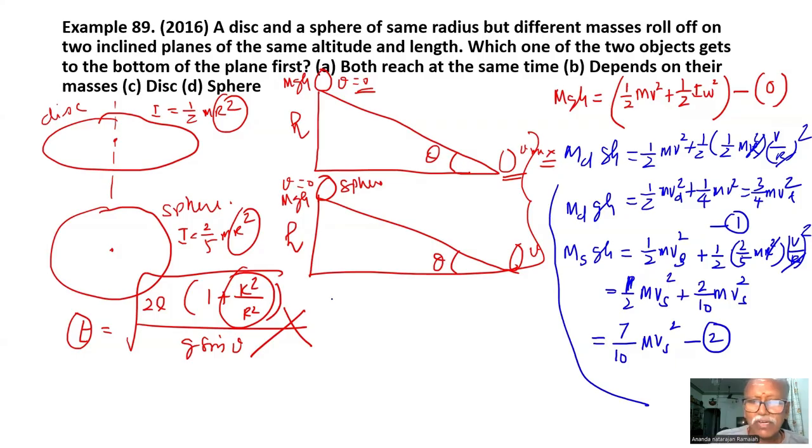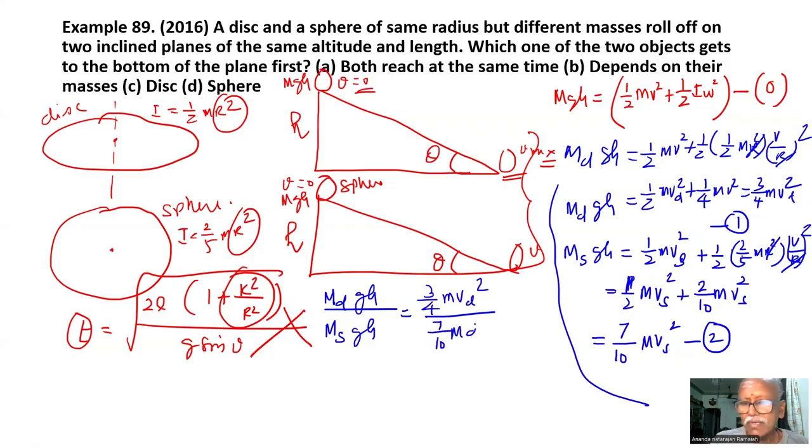For that, we divide m disk g h by m sphere g h, because the mass is different. The first equation is 3 by 4 m v disk square divided by 7 by 10 m v sphere square.